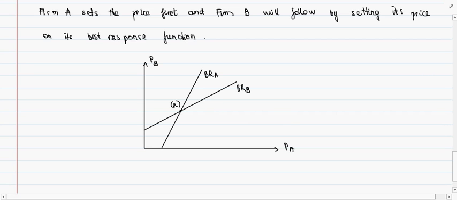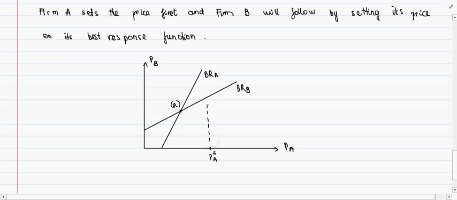So what we're going to have is the price picked by firm A. I'll just pick a random one, because I do not know the exact value. So PA is going to choose this price, PA in the Stackelberg. Firm B is going to follow this price and set firm B's price following firm B's best response function.